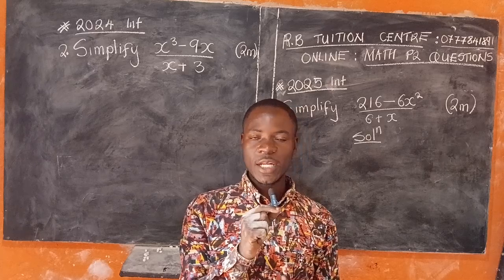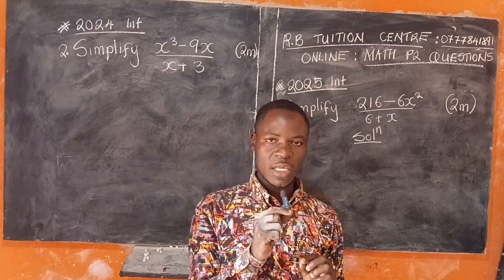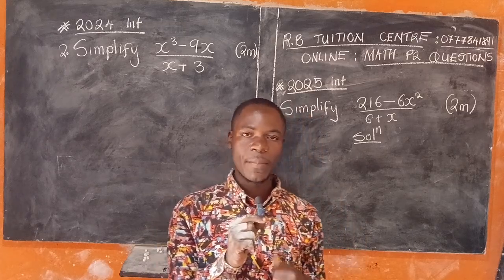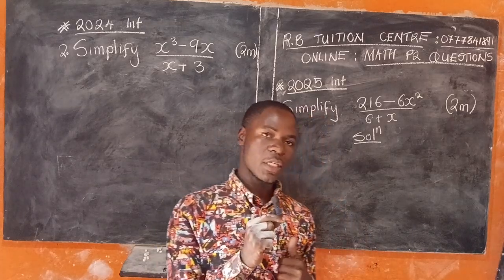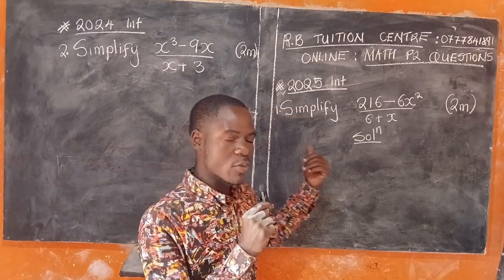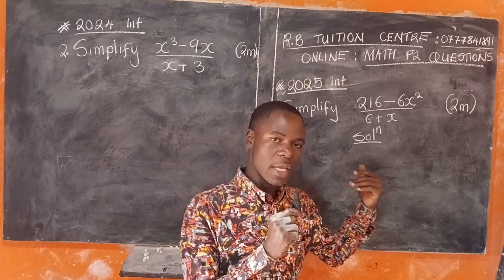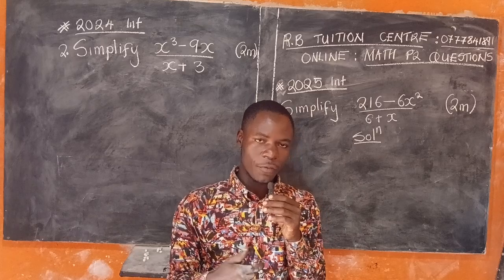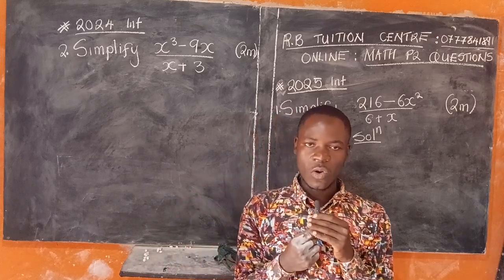So this question under simplification is likely to come in your exam, and mostly it comes in paper 2. This question came in the 2025 internal exam, and it also came in the 2024 internal exam.